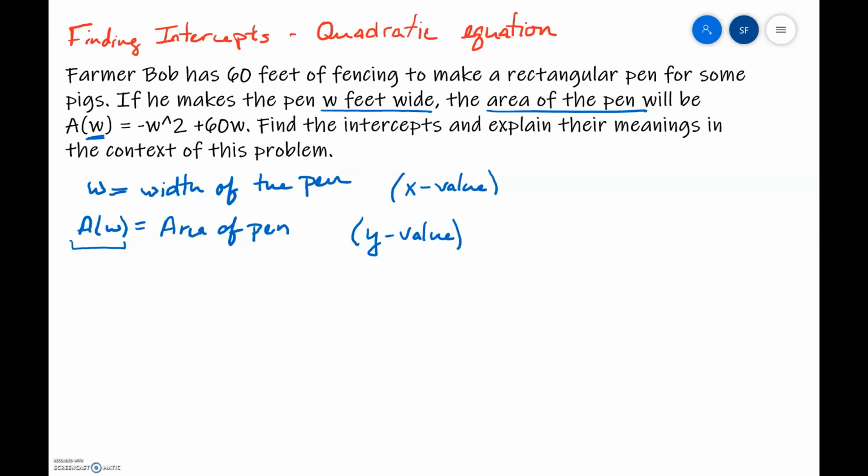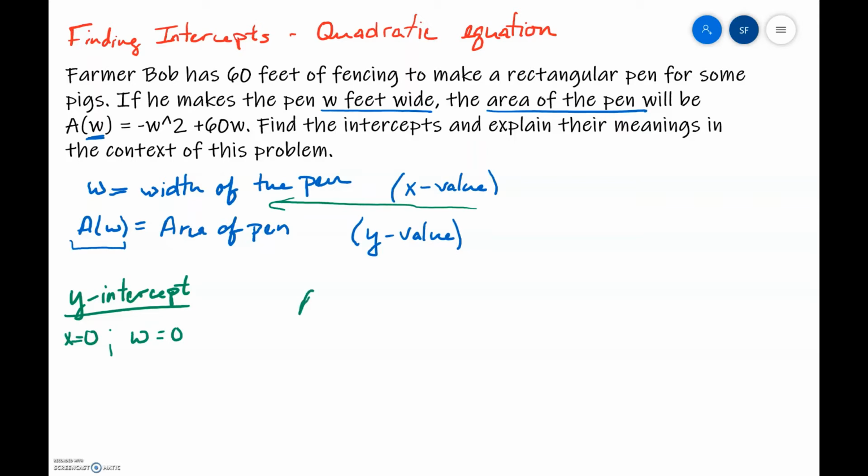Okay, let's find intercepts. To find intercepts, let's find the y-intercept first. To find the y-intercept, we set x equal to 0. But again, we don't have an x here, so we have to go to our x value, which is our w value. So we're going to set the w equal to 0.